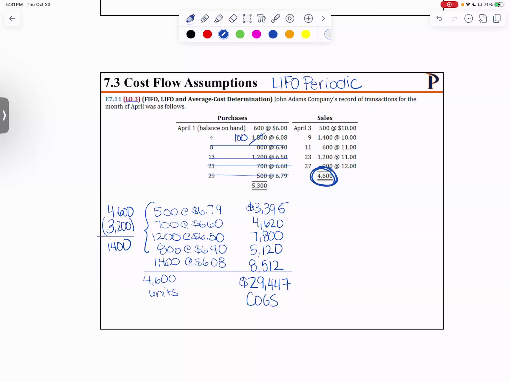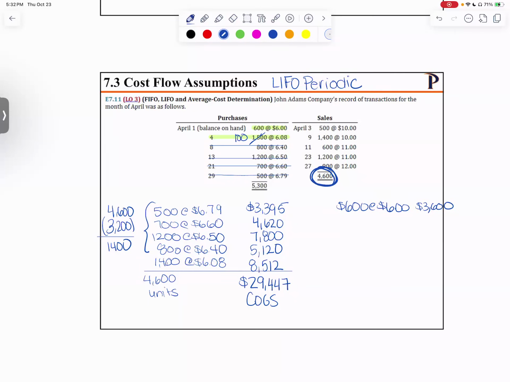Our ending inventory is going to be comprised of 100 units that we purchased at $6.08 and then 600 that we purchased at $6. So 600 at 6 for a total cost of 3,600.